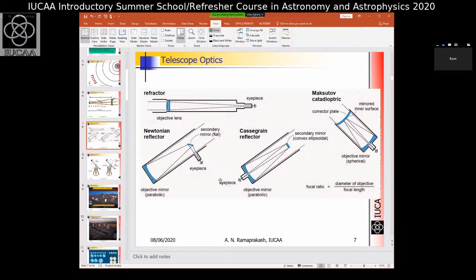So that's the main difference between the old Newtonian system, which is very simple to make, and the new systems, where the surfaces can be paraboloid, ellipsoid, and in this case a more complicated shape. But the advantage is that the telescope structure can be much smaller.